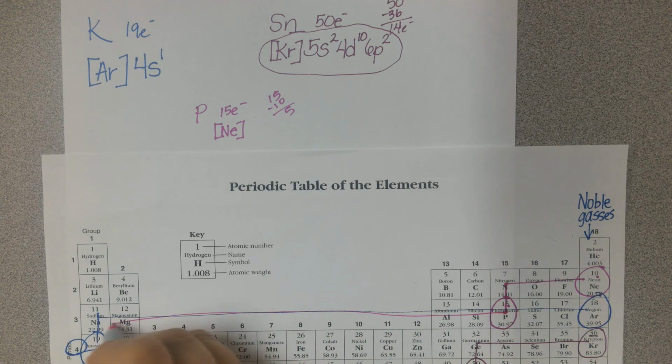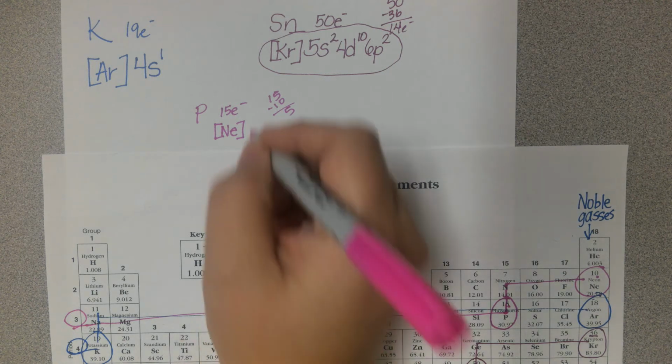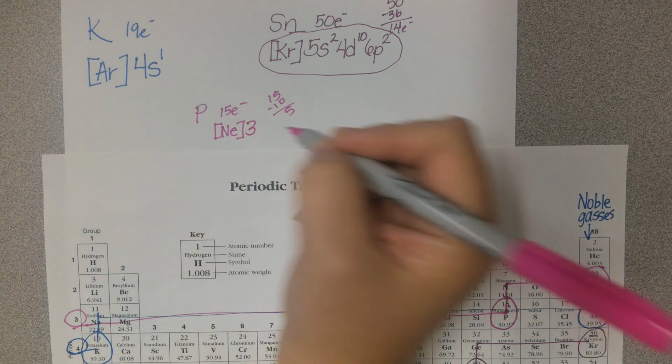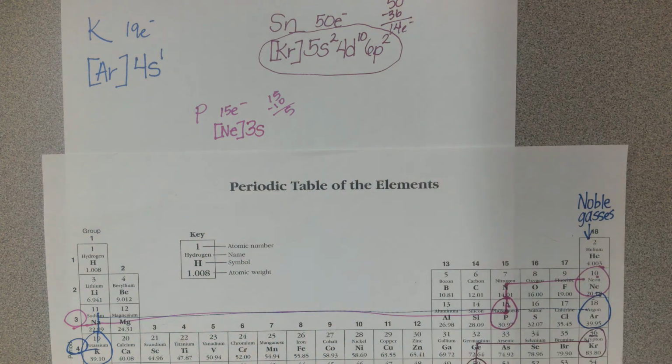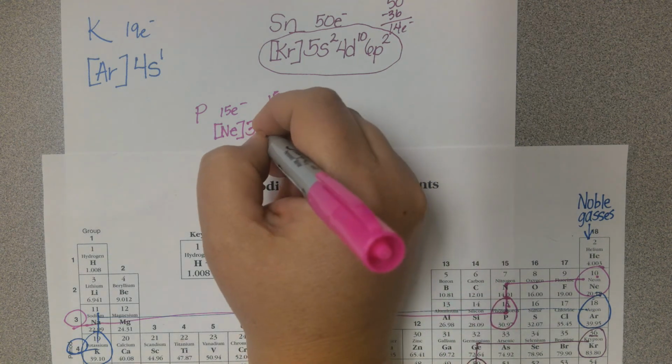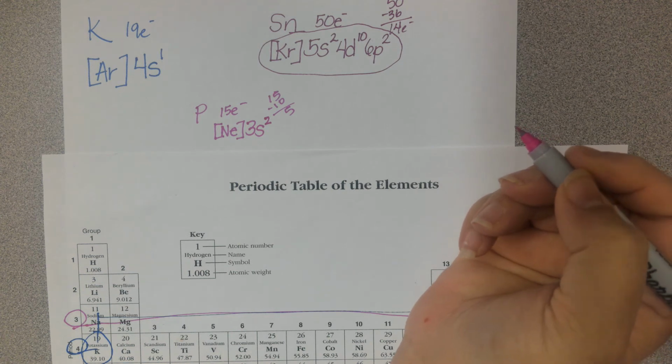I'm going to figure out what row it's in. And so phosphorus is in row 3. So I'm going to start at the 3, and then it's always going to be an s sublevel. So how many electrons can I put there? Well, since s sublevels have 1 orbital, I can put 2 electrons.